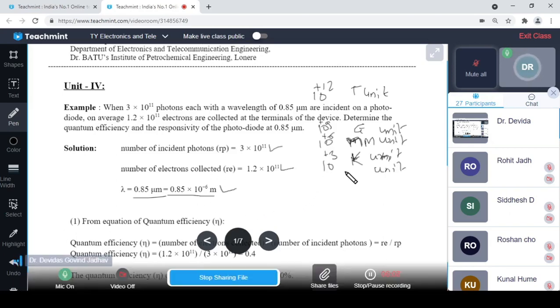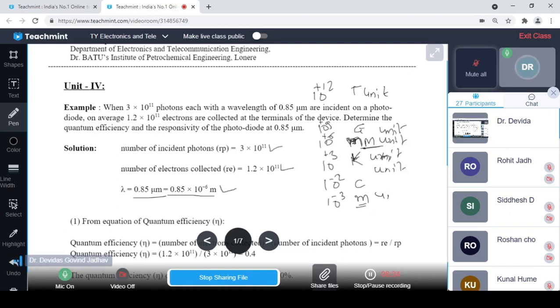Similarly, 10 raised to minus 2 is centi: centimeter. 10 raised to minus 3 is small m, milli: millimeter. Capital M is mega, which is plus 6, and small m is milli, which is minus 3.